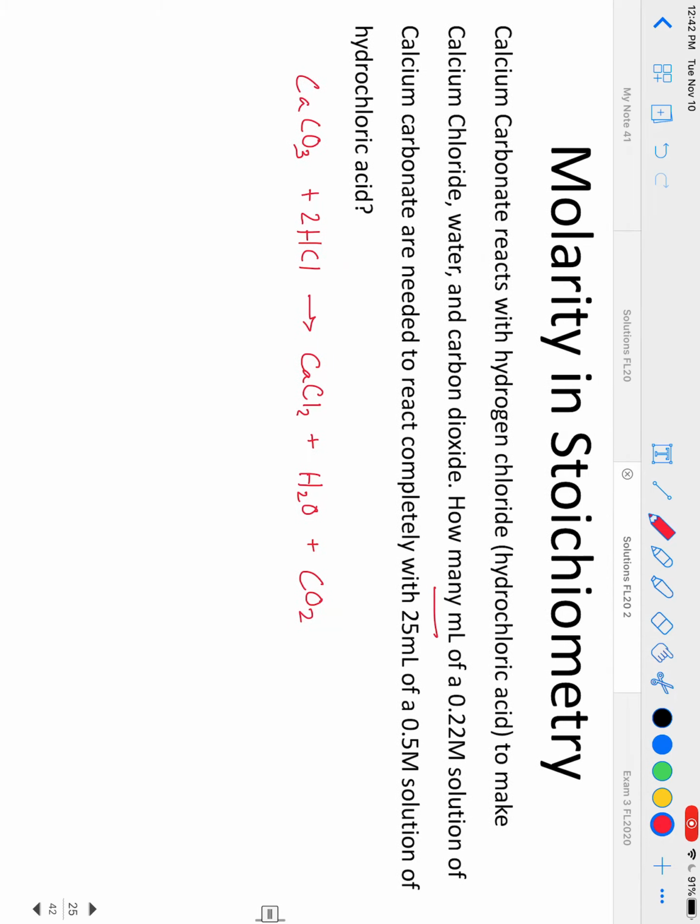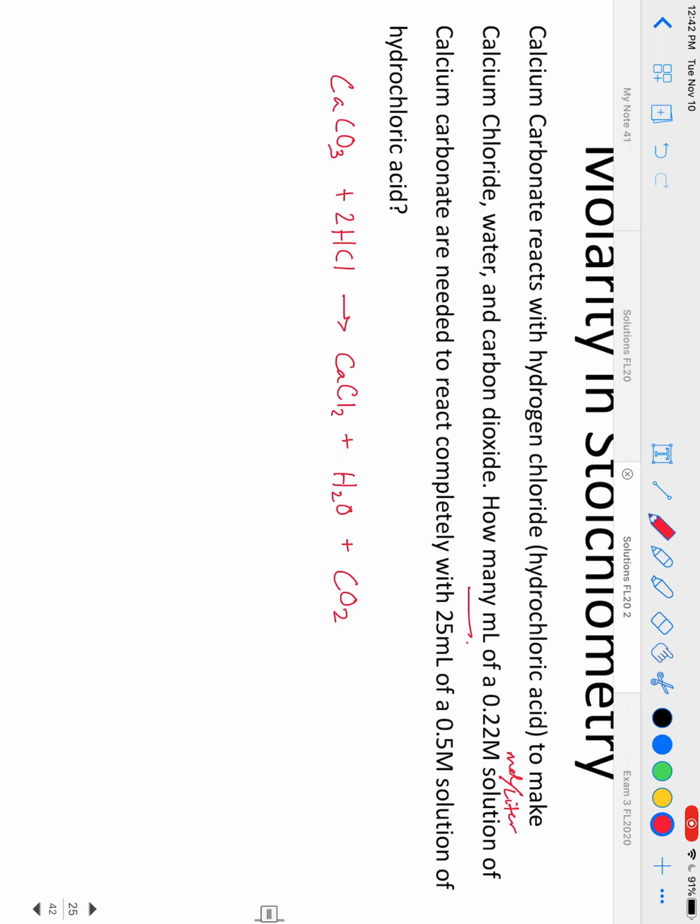Now it says how many milliliters. So remember the diagram up top will get you from liters and to liters, but we'll have an additional step where we convert to milliliters at the end, of a 0.22 molar, and remember this is moles per liter, solution of calcium carbonate are needed to react completely with 25 milliliters of a 0.5 molar solution of hydrochloric acid.